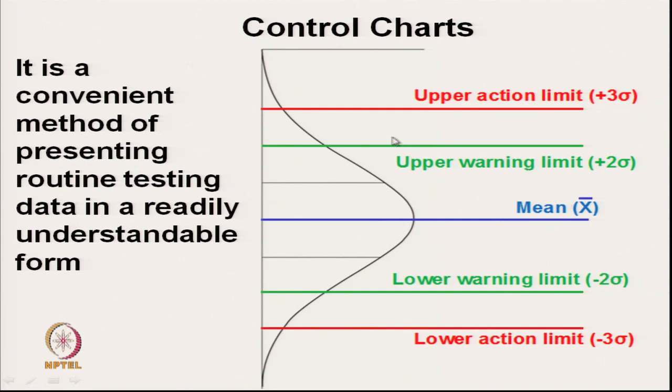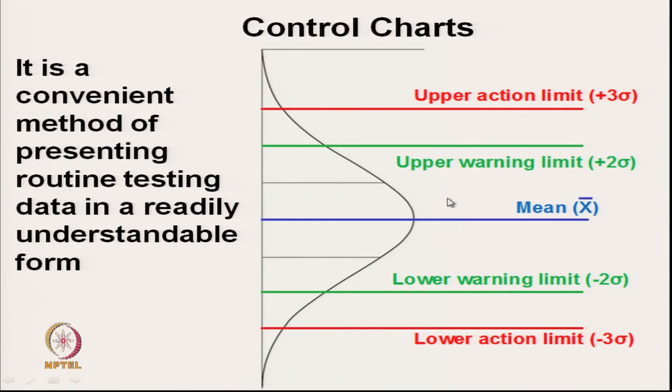It is not fixed; if our requirement is more stringent, we can set plus minus 1 or whatever limit. Now, this is the upper warning limit and lower warning limit, plus minus 2 sigma, and plus minus 3 sigma is the action limit.